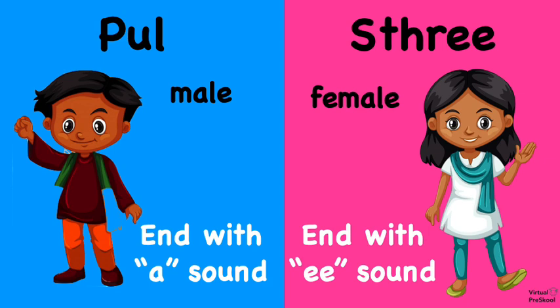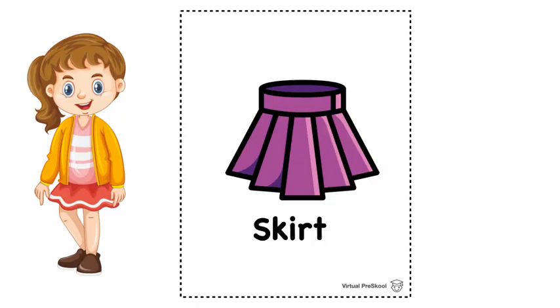Okay, so we have these helpful rules for nouns that end with an a sound or an E sound. But what if the Hindi word doesn't end with either one? How do you determine the noun category for those? Well, let's take a look at an example of that. In Hindi, skirt is skart. It doesn't end with an a sound. It doesn't end with an E sound. But think of it this way.